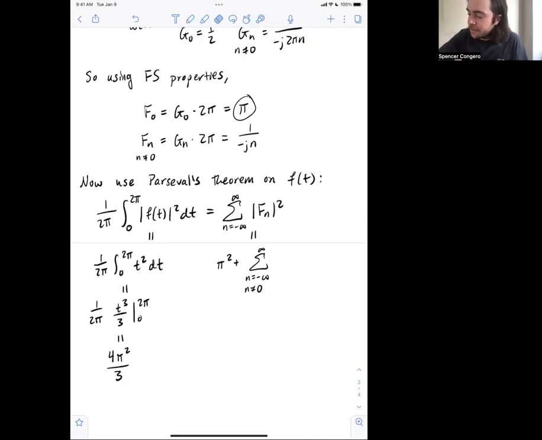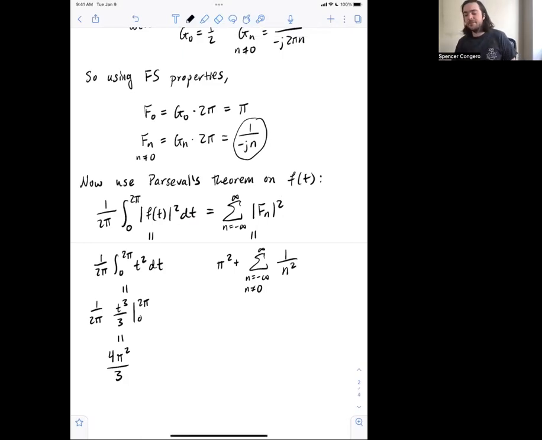Of the magnitude squared, well, what is the magnitude of this Fourier series coefficient? Well, it's just the magnitude of the top over the magnitude of the bottom. Magnitude of the top is 1. Magnitude of the bottom, well, the magnitude of negative j is just 1. And the magnitude of n is going to be the absolute value of n, but then we square it. So all in all we get 1 over n squared.